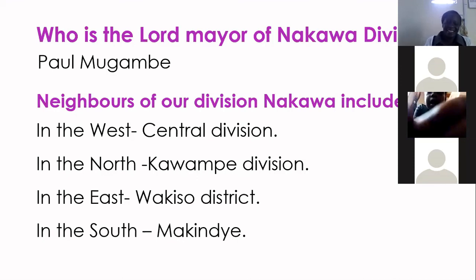Then in the East, we are bordered by Wakiso District, because the town council is under Wakiso District. That's where Wakiso District is coming from. Then in the South, we have Makindye Division. Are we together, my good children?